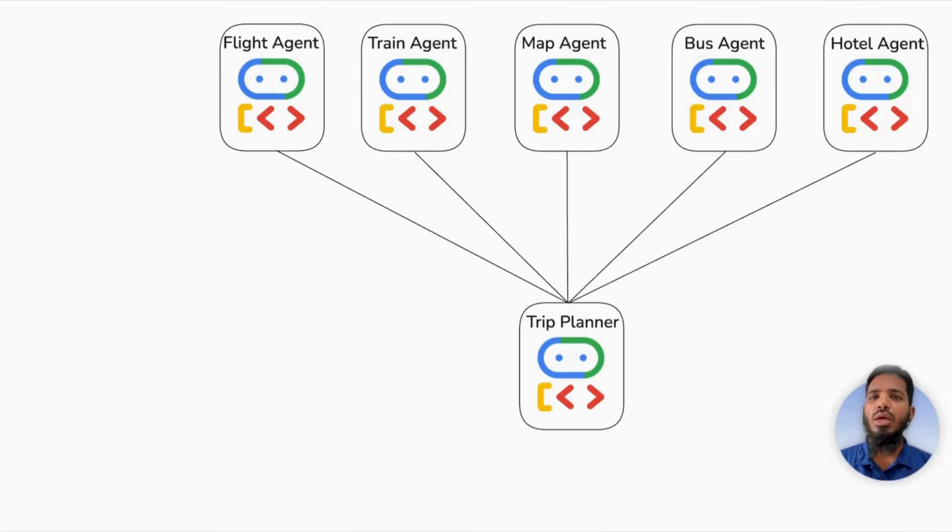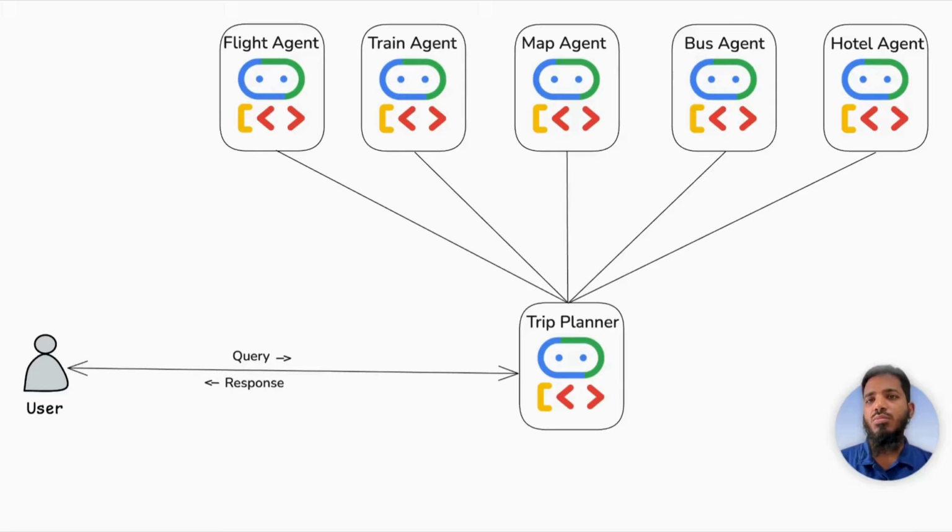The user only interacts with the trip planner agent and doesn't worry about the others. Each agent specializes in a domain. They share the results, refine the plans, and deliver a complete trip, just like a human travel agent, but fully automated. This is what a multi-agent system looks like.